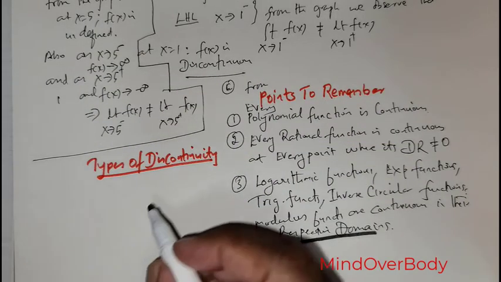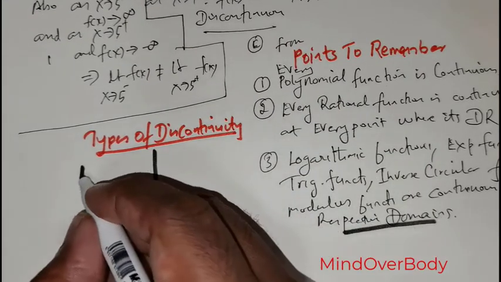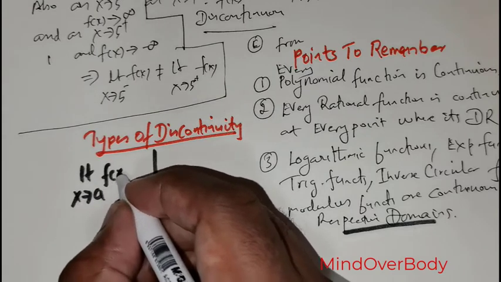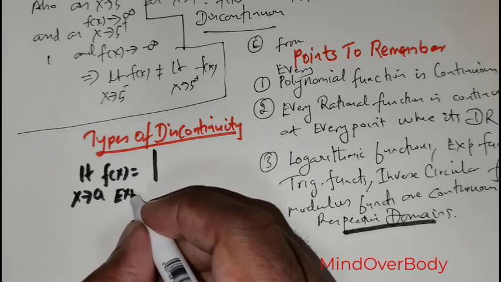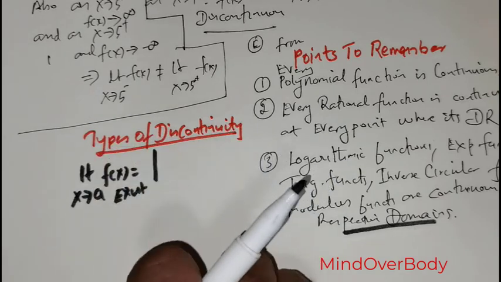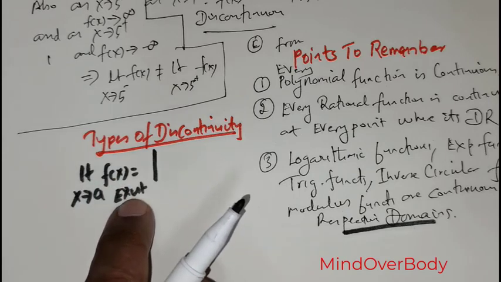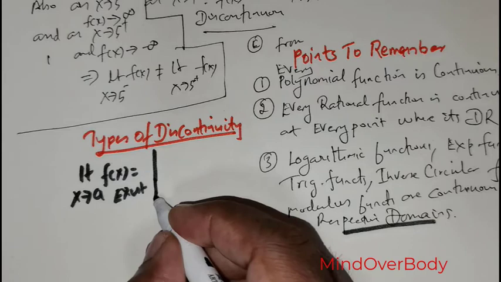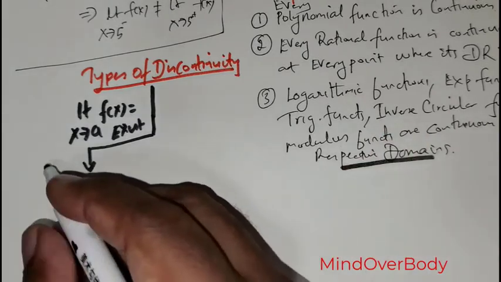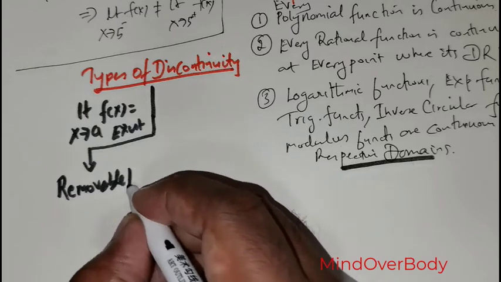Students, now we will learn about the types of discontinuity. Now, if limit x tending to a of f of x exists, there are actually 2 conditions that will flow from types of discontinuity. One would start with the limit existing, and if it does, then this would branch off to what is called removable discontinuity.